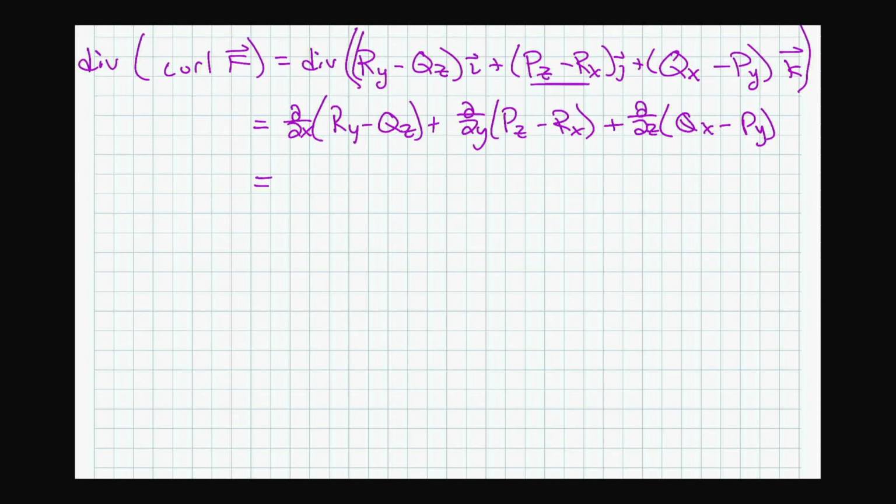Let's do these partials. We'll have R yx minus Q zx plus partial with respect to y here. So P zy minus R xy plus Q xz minus P yz.